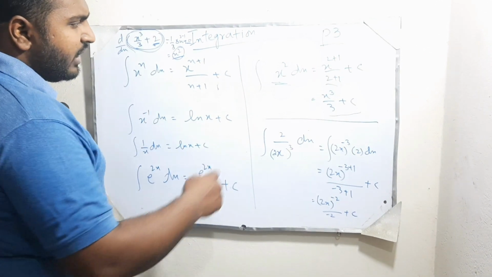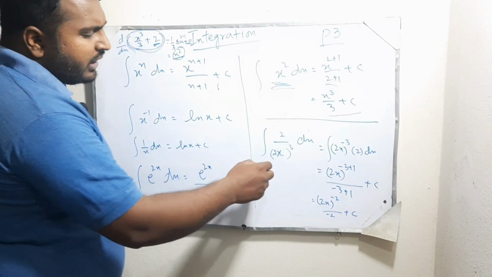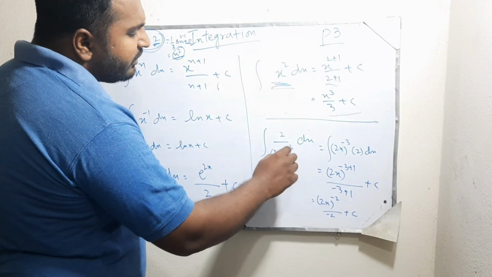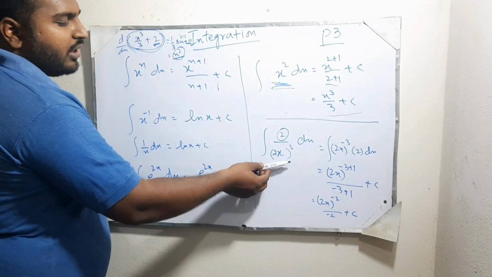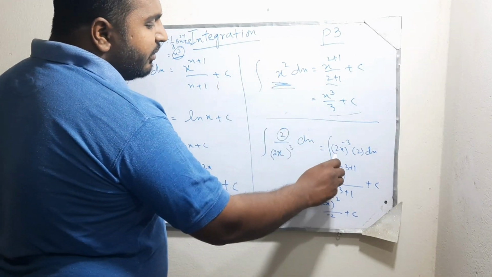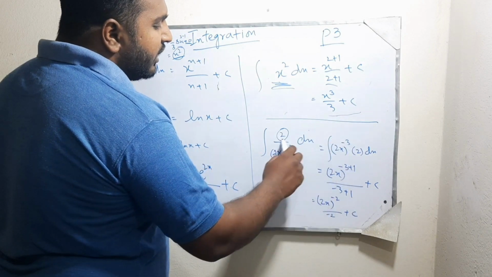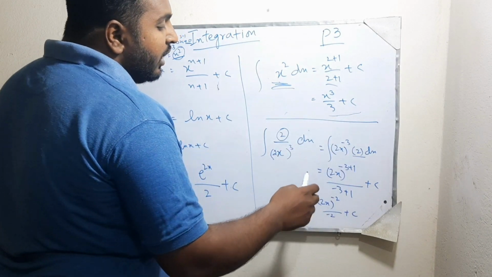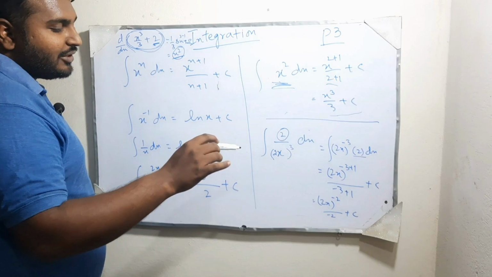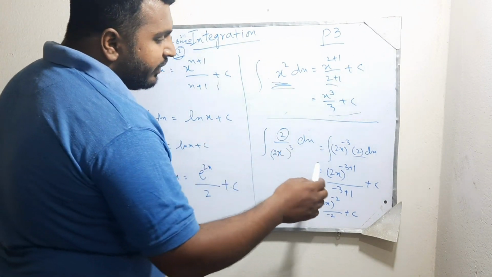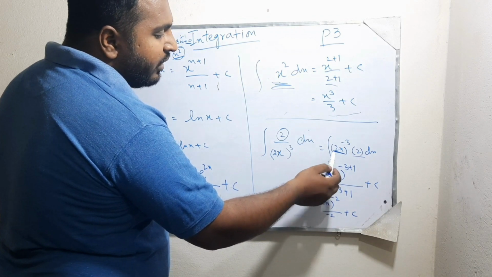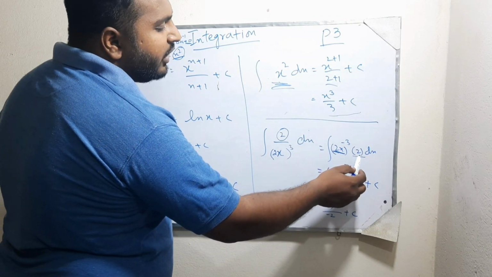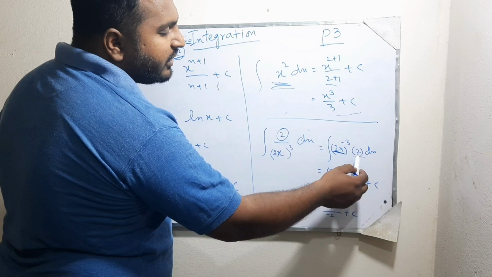We can have another example of it like this, 2x power 3 and 2 is above it. This would become 2x power minus 3, and this 2 will multiply with it. For this integration we have the condition that whatever function we have, its derivative should be present here.